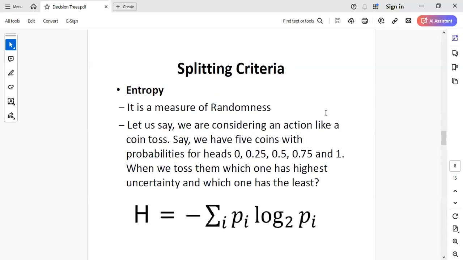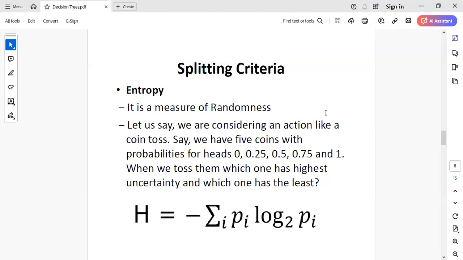Similarly, on what basis do we come up with it? Say, entropy. Randomness is nothing but error. Entropy is a measure of randomness. Measure means we are trying to calculate the noise, the error within the data. Whenever we talk about error, error should be low. If we apply entropy, the formula is H equals minus sigma p_i log p_i to the base 2.